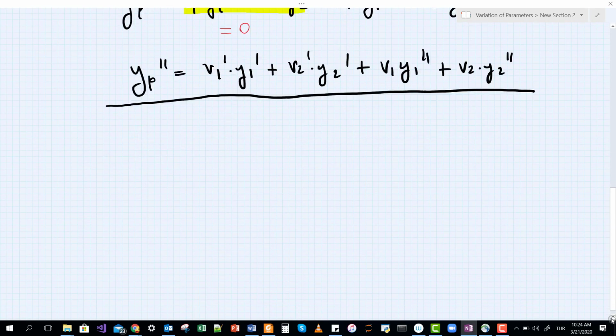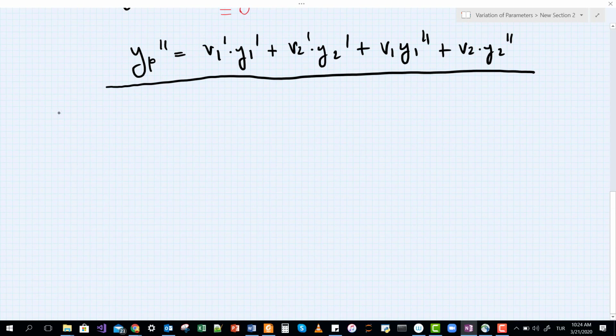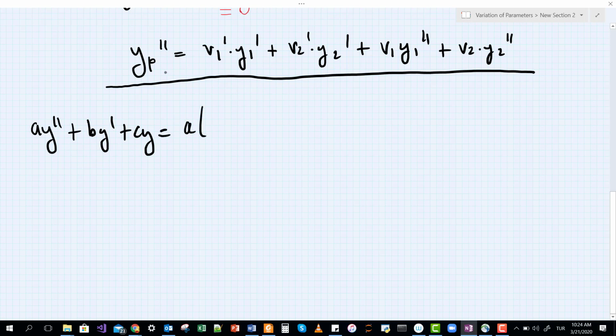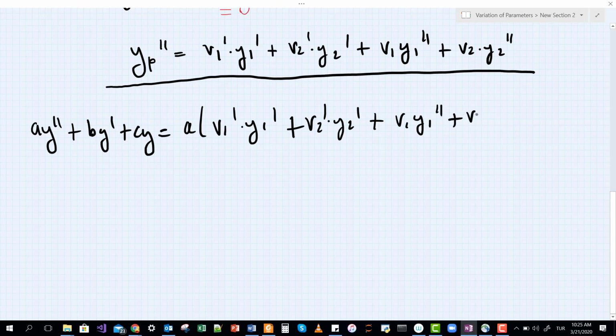Now what I need to do is multiply by the coefficients. Coefficients, I mean a y second prime plus b y prime plus c y, which is equal to the right-hand side. Now I'm going to multiply a times the yp second prime here. I'm going to multiply all the terms by a: V1 prime times y1 prime plus V2 prime times y2 prime plus V1 y1 second prime plus V2 y2 second prime.